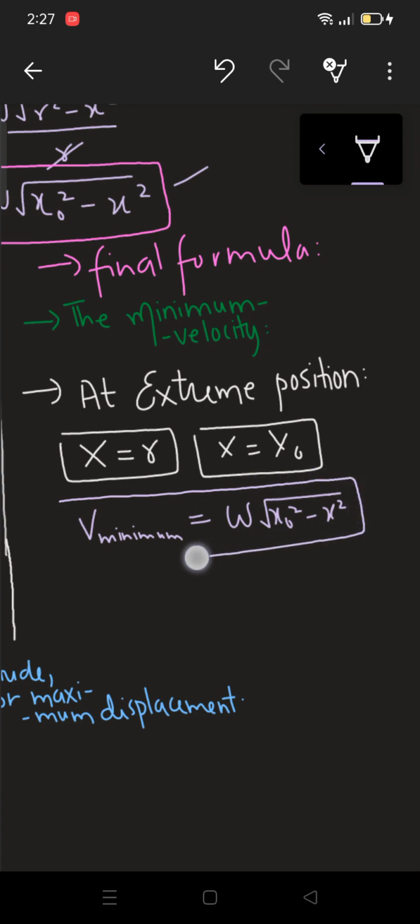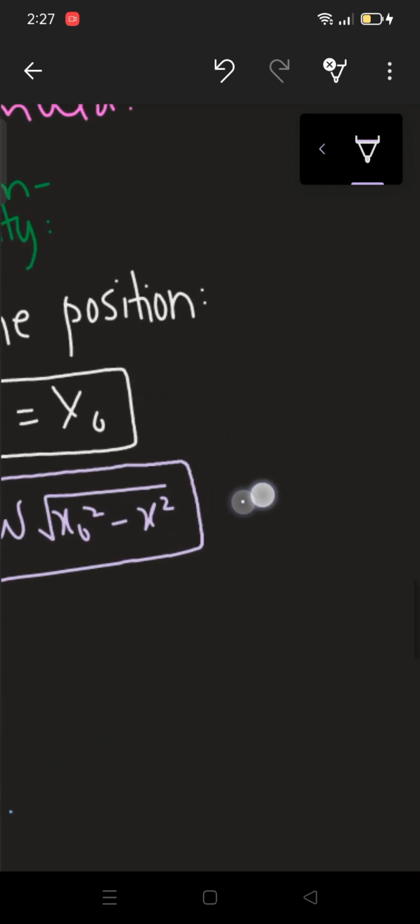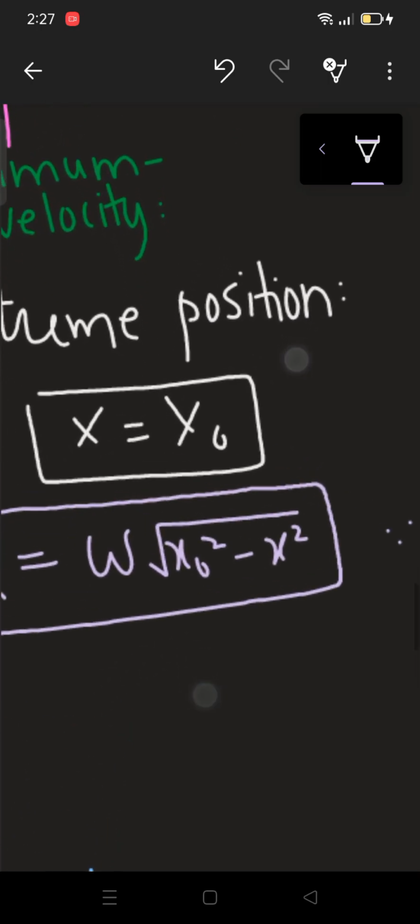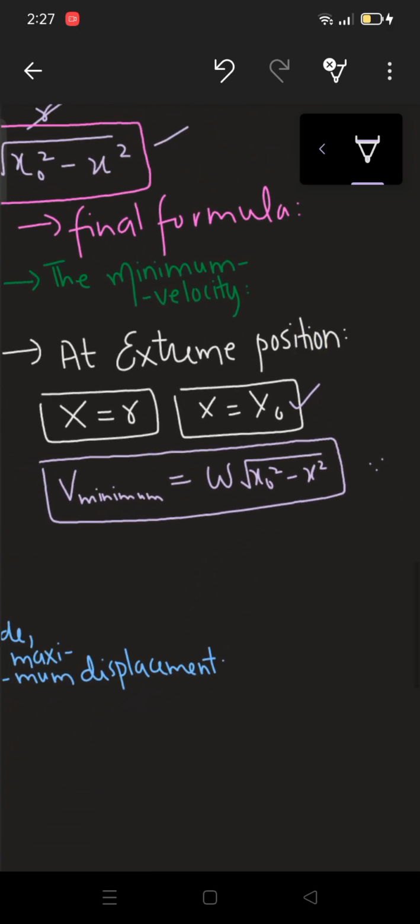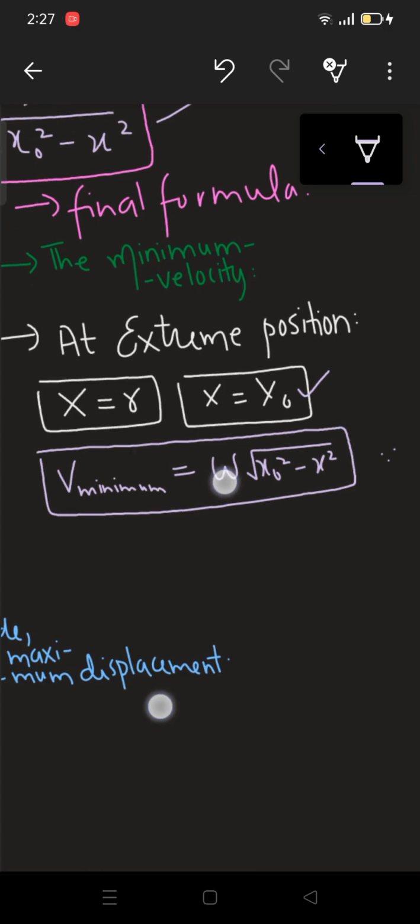We have made x equal to x naught, since our projection is at the extreme position, where we have maximum displacement, which is equal to the amplitude.